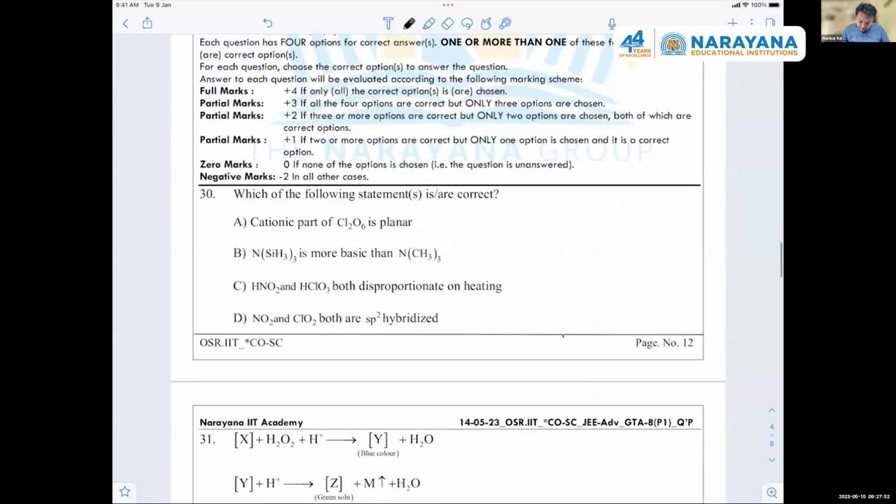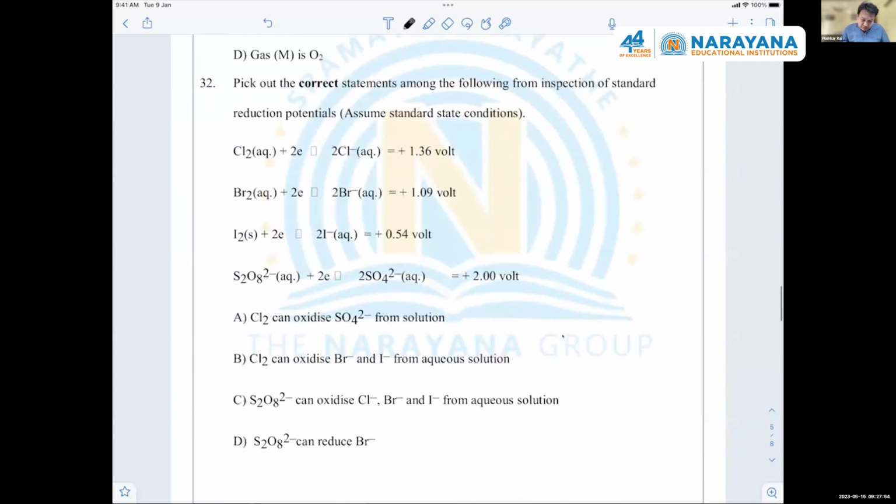Next is question number 32. It is a very straightforward question. In fact, asked in IIT JEE, I think it takes only a fraction of a second to complete. Clearly, you can see that the most important oxidizing agent is this. So definitely this S2O8 2- is going to oxidize everyone because it is going to be preferentially reduced.